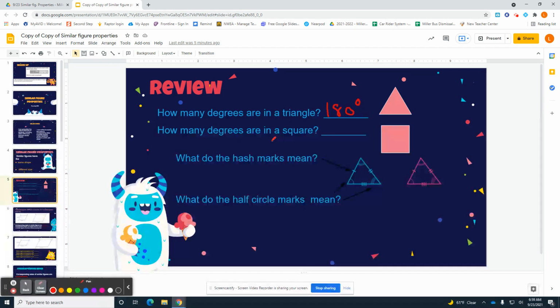Take time to think about that. If you said there's 360 degrees in a square, you are correct. For a square, think about it. A square is just like having two triangles. If you cut that square in half diagonally, you're going to have two triangles. So it is 360 degrees.